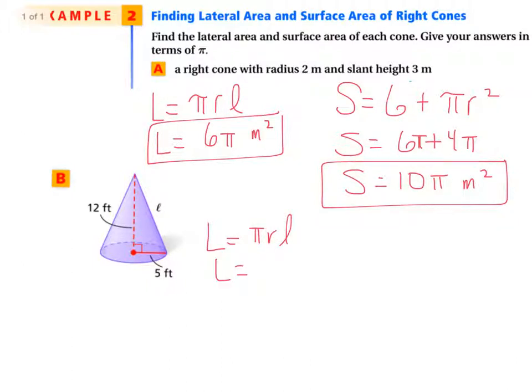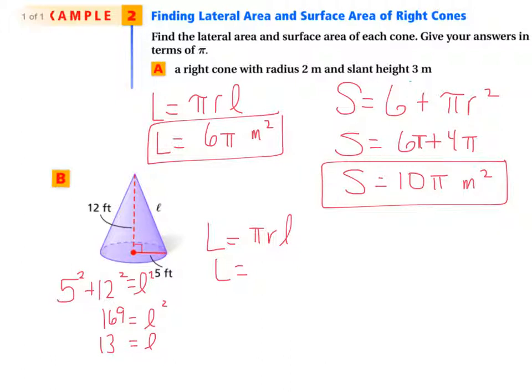I don't know the slant height. We do have a right triangle, so knowing that we have a Pythagorean triple, if you don't know, a Pythagorean triple would be, in this case, 5, 12, 13. If you didn't know that, we would do 5 squared plus 12 squared equals L squared. And you would eventually get L squared equals 169. And the slant height would be 13.